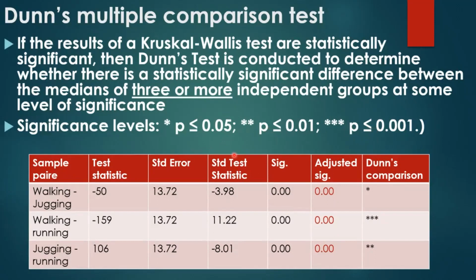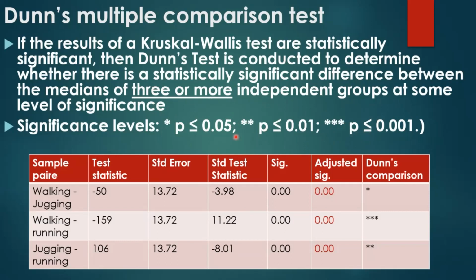significance we got. You see, so let me read: Dunn's test is conducted to determine whether there is a statistically significant difference between the medians of 3 or more independent groups at some level of significance. So for Dunn's, we are looking at various degrees of significance. Okay.